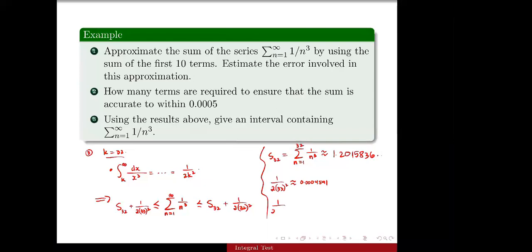And 1 over 2 times 32 squared is equal to 0.0004882 and so on. If you are wondering how I am getting these numbers, I'm using a calculator, so don't worry about that.